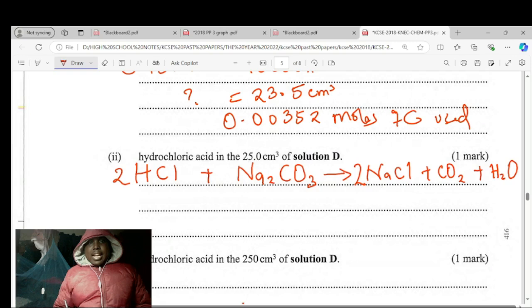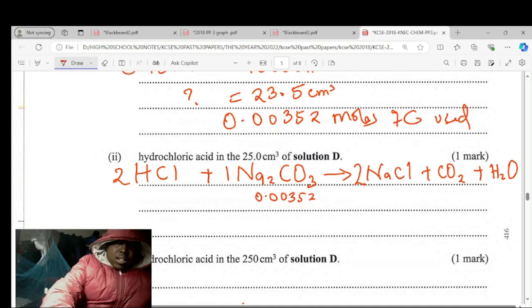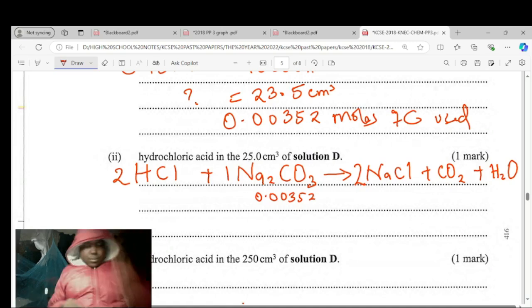And the mole ratio, as you can see, is 1 to 2. The mole ratio is 1 here and 2 here.